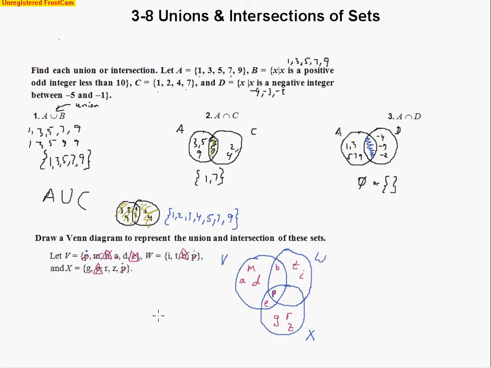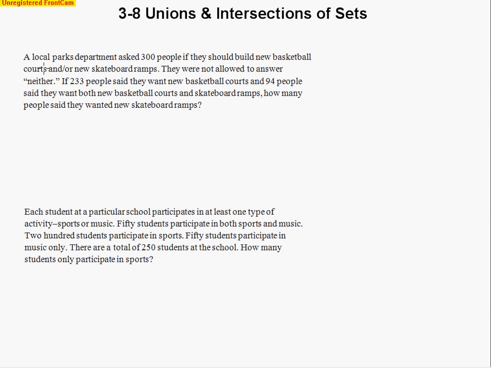Let's take a look at another one, and that one will be a couple of word problems. Let's take a look at the first one here. It says a local parks department asked 300 people if they should build a new basketball court or a skateboard ramp. So this is the two parts that we have. One circle is going to represent the basketball court, so I'll just say basketball.